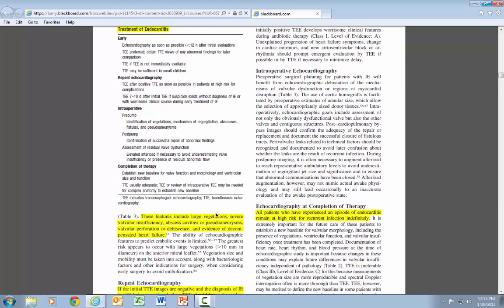Basically, when the vegetations are large, when there's severe valvular insufficiency, when there is pseudoaneurysm or valvular dehiscence or perforation, and most commonly when the patient has CHF in conjunction with endocarditis or as a complication of endocarditis.